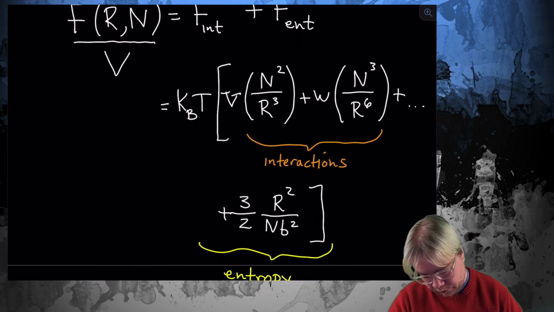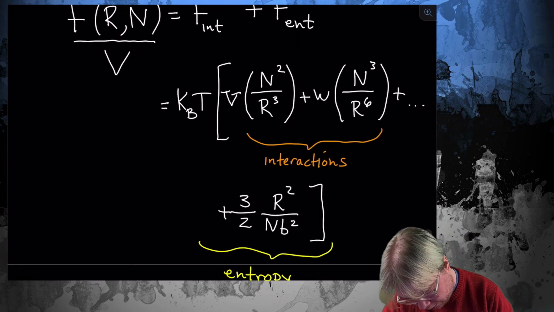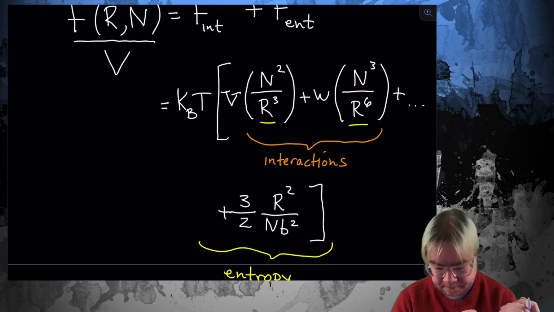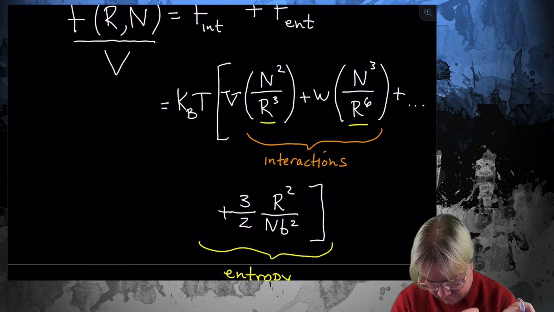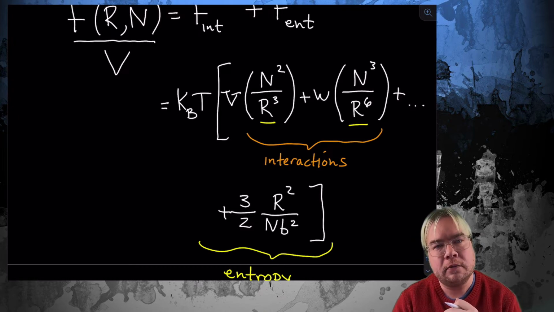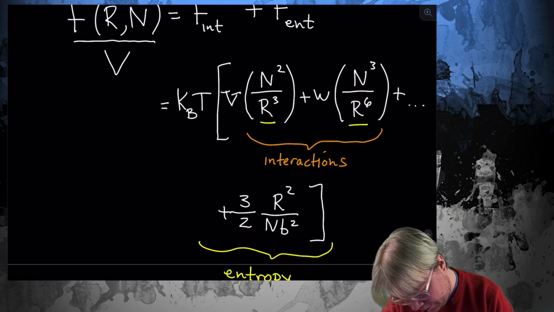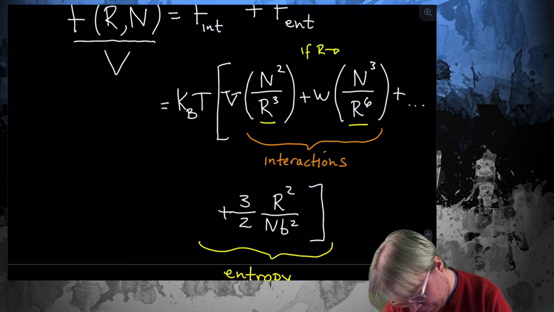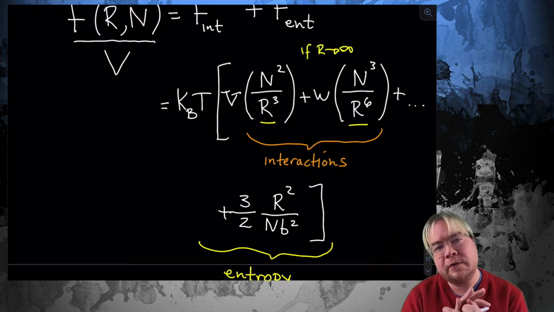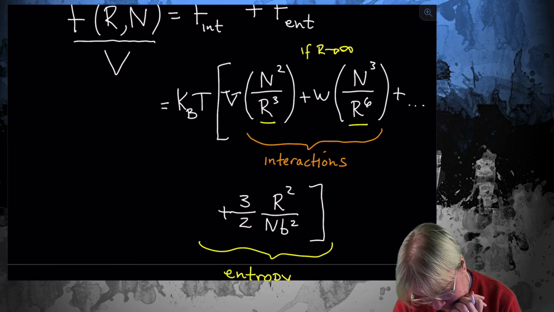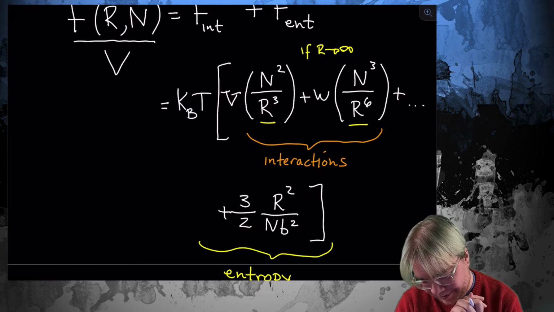If we're looking at the size of the polymer chain, which is R, the interaction terms are not minimized if the polymer gets small.